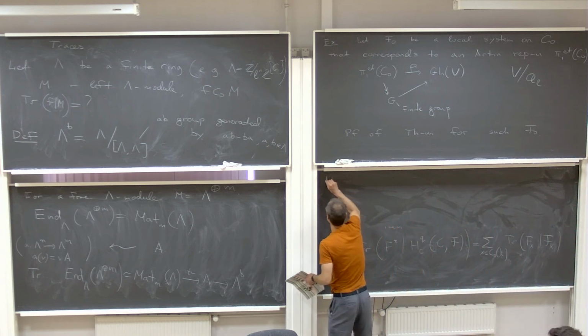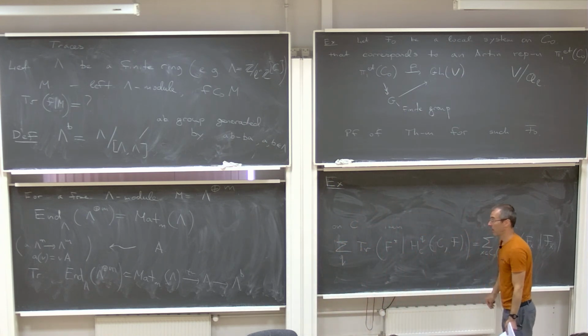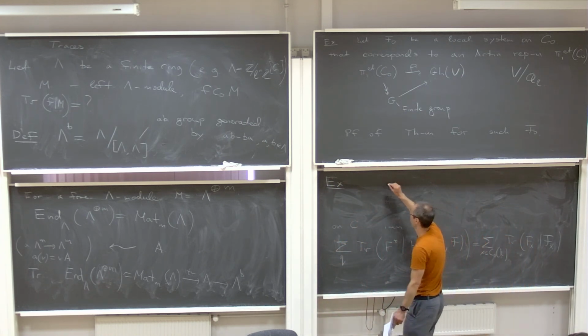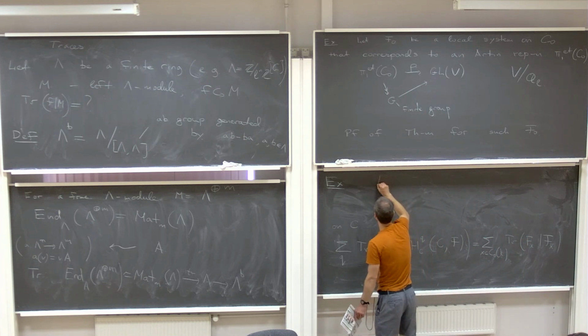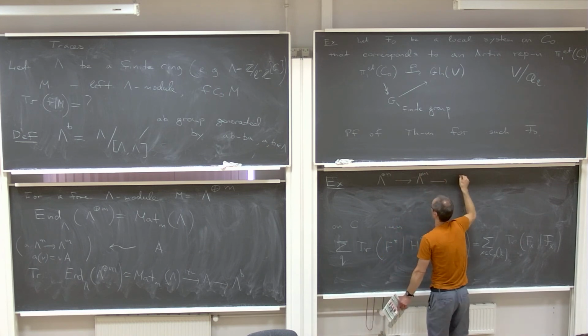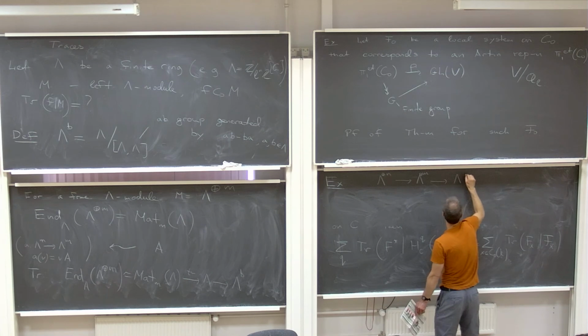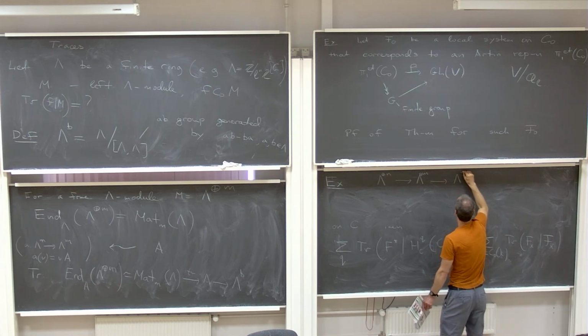So exercise, well, suppose you have two endomorphisms, lambda n goes to lambda m, and then goes again to lambda n. So these are free modules.